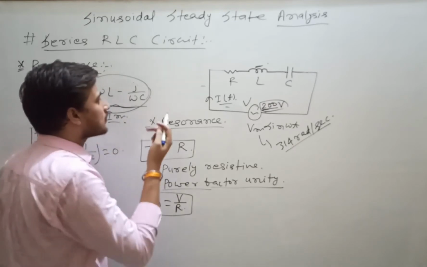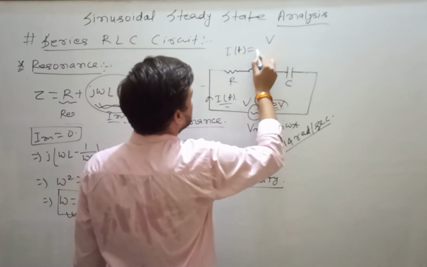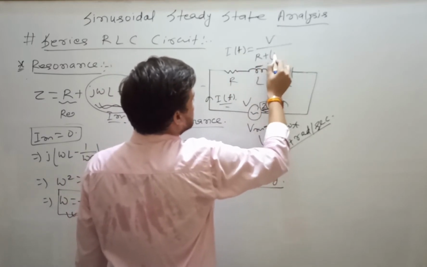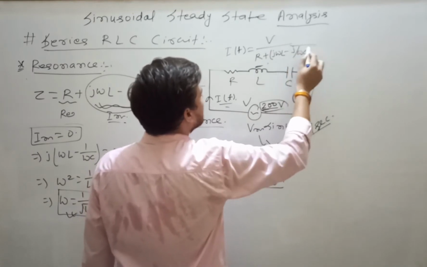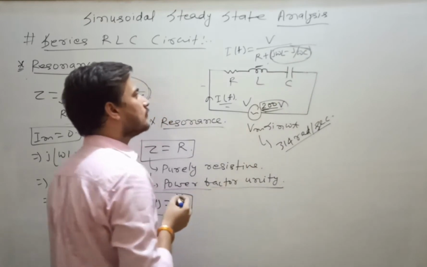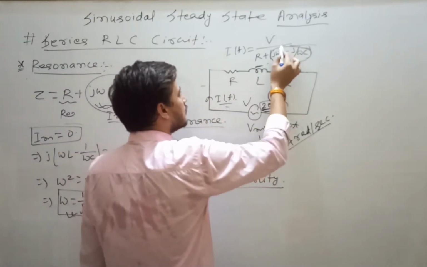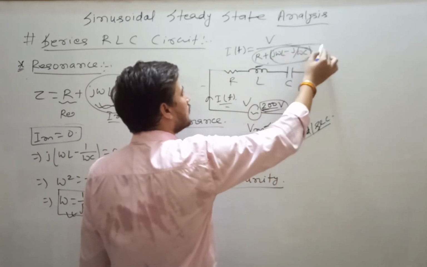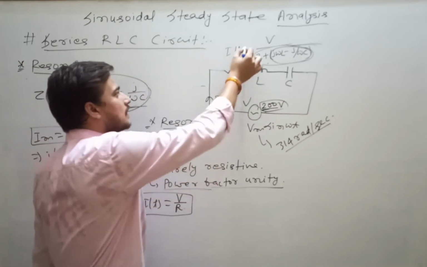But before resonance, the expression for current was V divided by R plus j omega L minus j upon omega C. That means there was some finite value of this imaginary term. So because of this finite value, the whole term was greater than R. So the current was less.